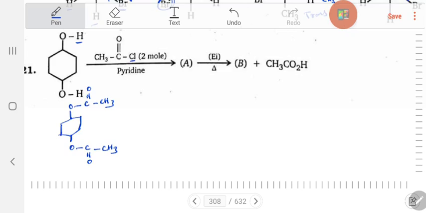Right. Now, Ei elimination. Ei elimination means, let me write this in this way. So this is O, C double bond O, CH3.